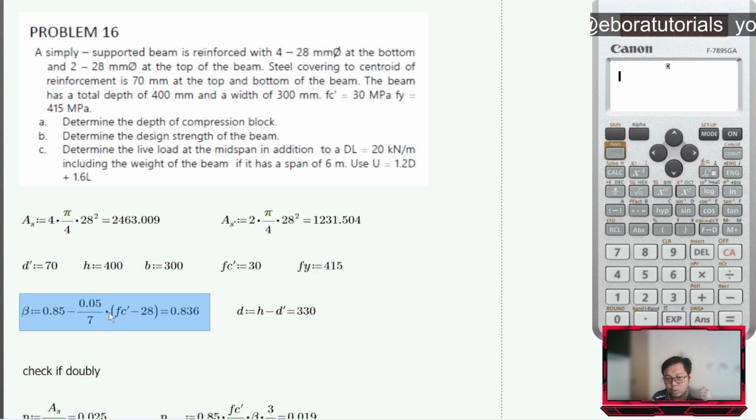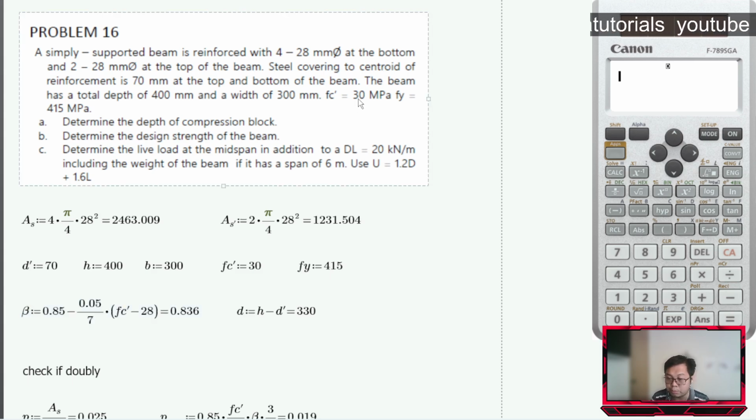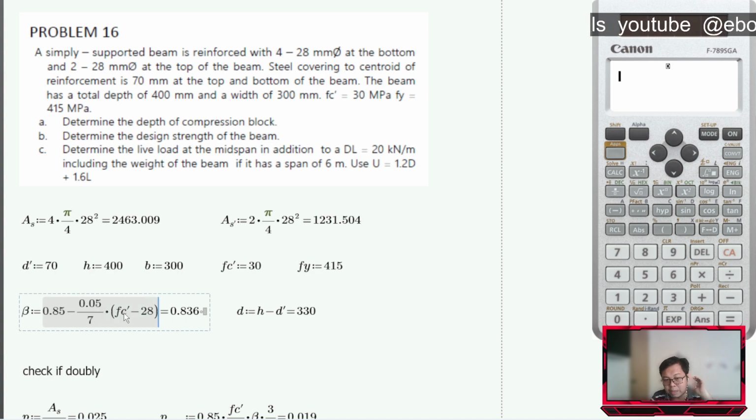Notice, since our FC prime is greater than 28, beta will not be equal to 0.85. Anyway, you have your equation here. Again, if FC prime is greater than 28, then the beta is this value, hindi yan pwedeng exactly 0.85. And then you have your effective depth D, basically yung total height na 400 minus the D prime na 70, you have the effective depth na 330.